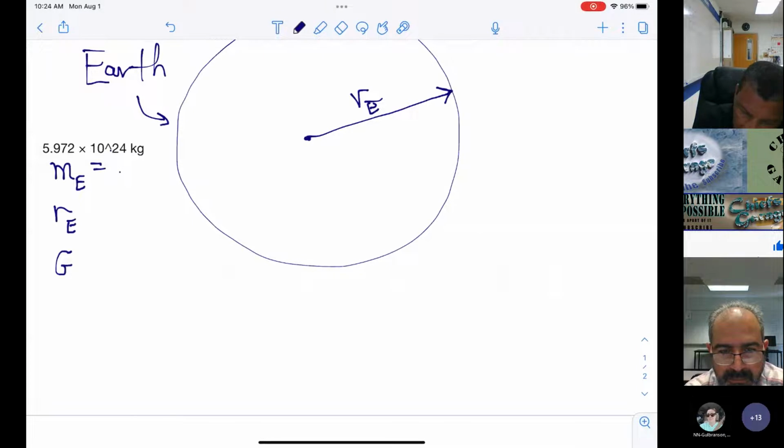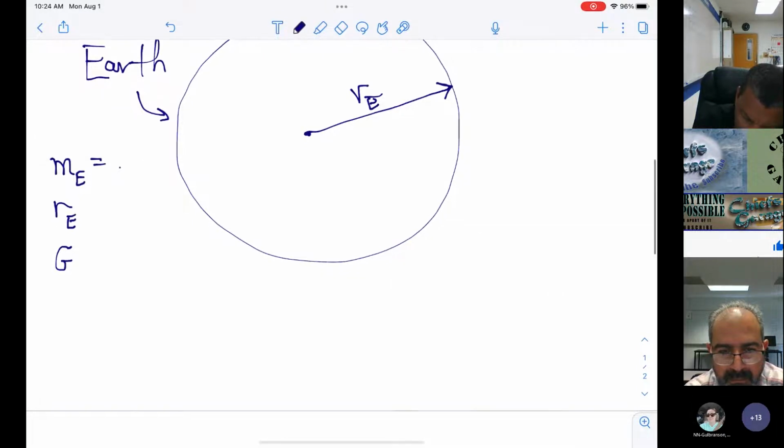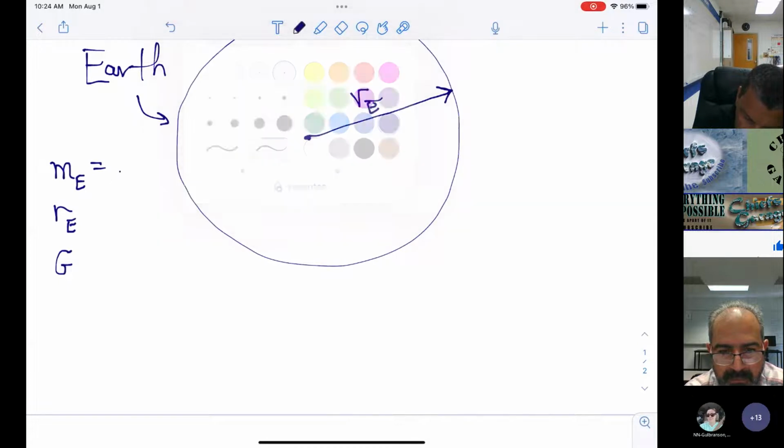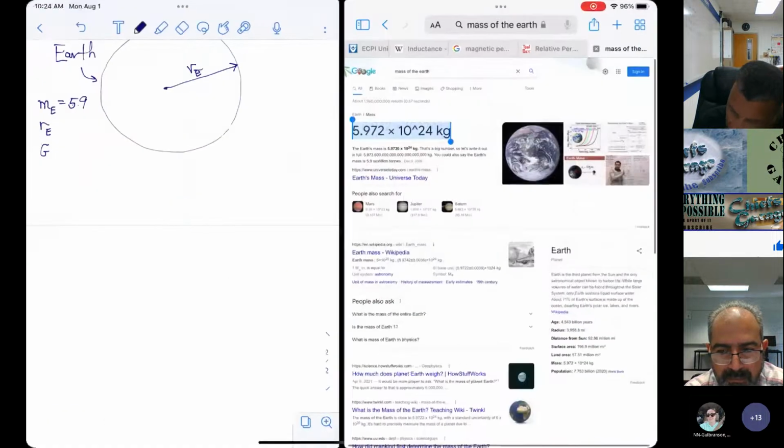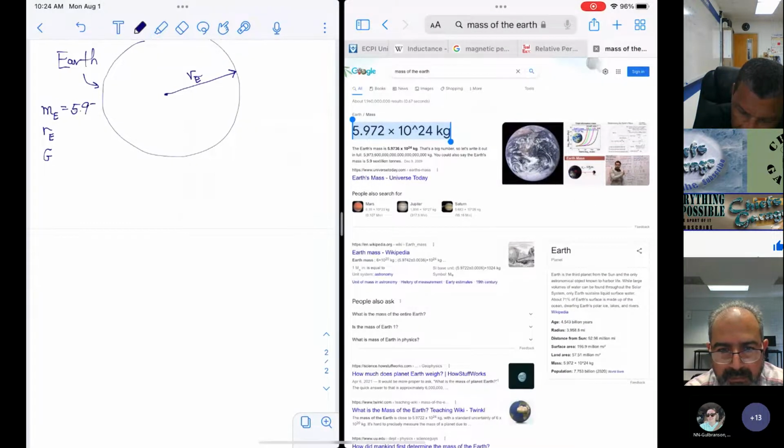Don't really like that pasting. Just going to get rid of that. So that was 5.9. Memory is absolutely spectacular. 5.972 times 10 to the 24th kilograms.